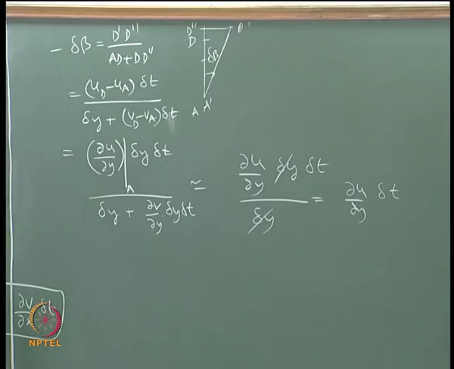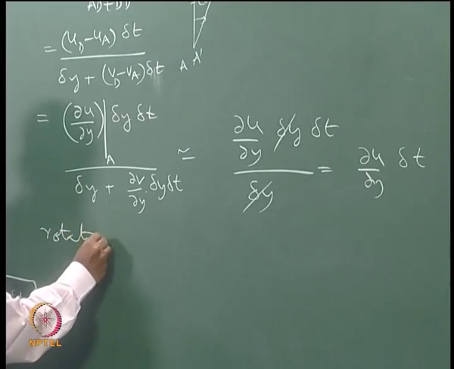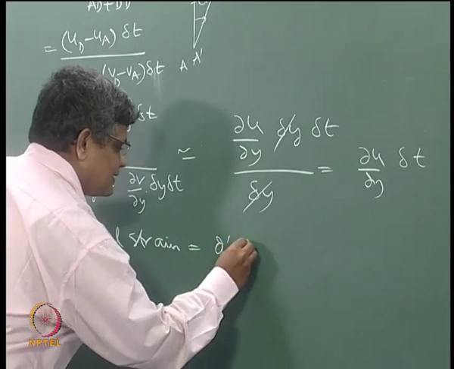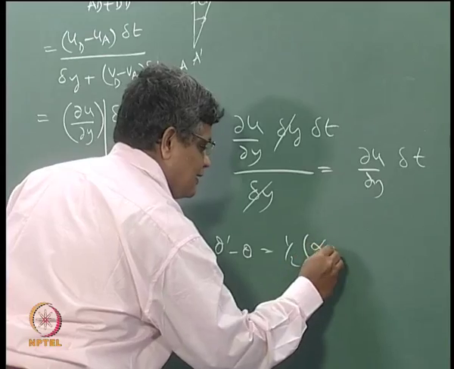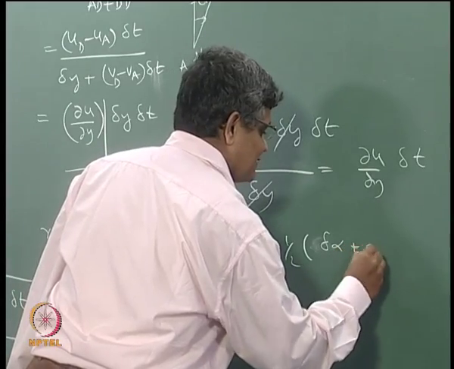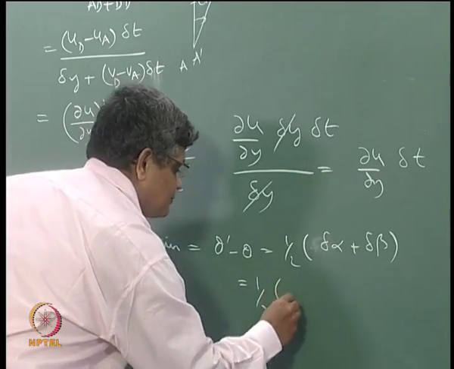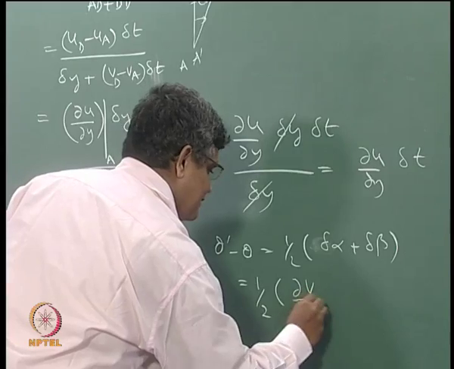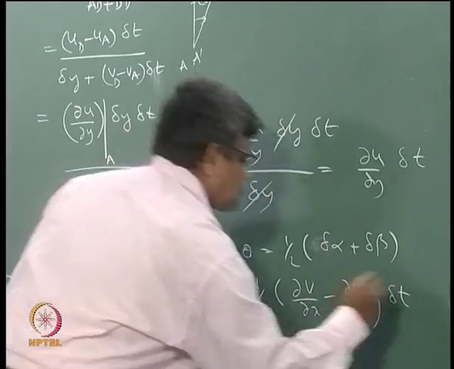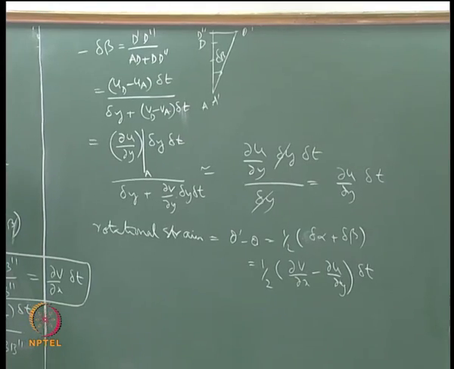Okay. So, now we can say that the rotational strain, which is theta prime minus theta, is equal to half of delta alpha plus delta beta here, which is now becoming half of dv by dx minus du by dy times delta t. Okay.